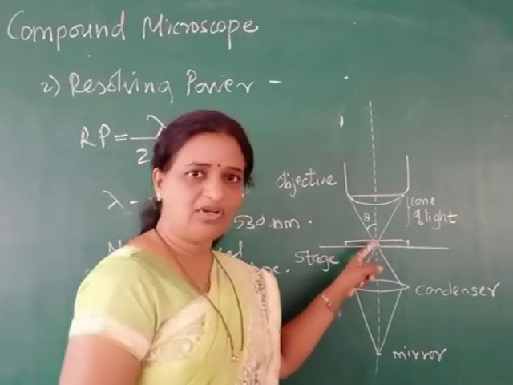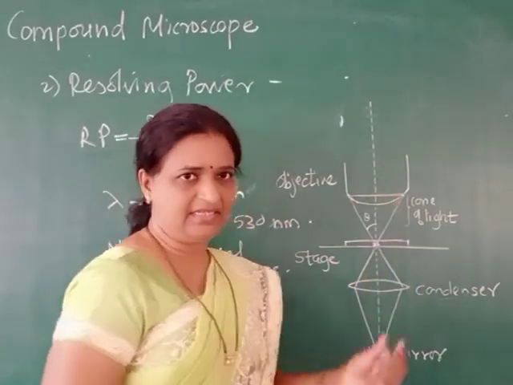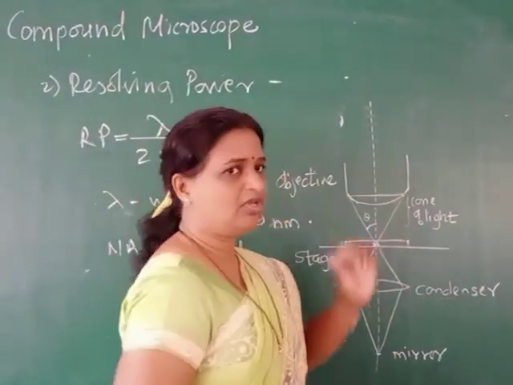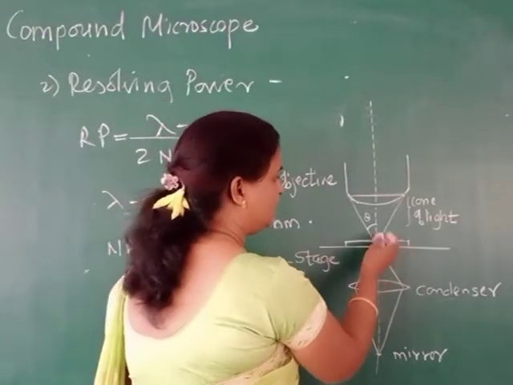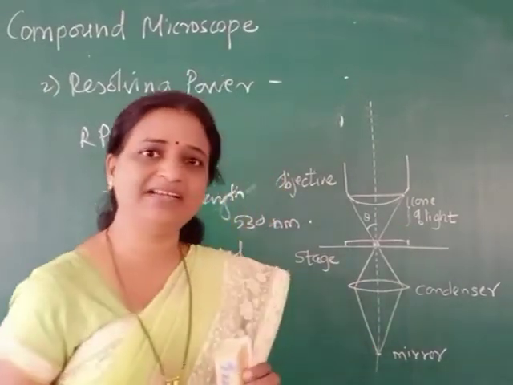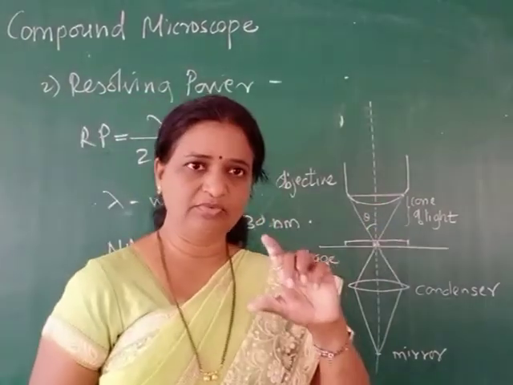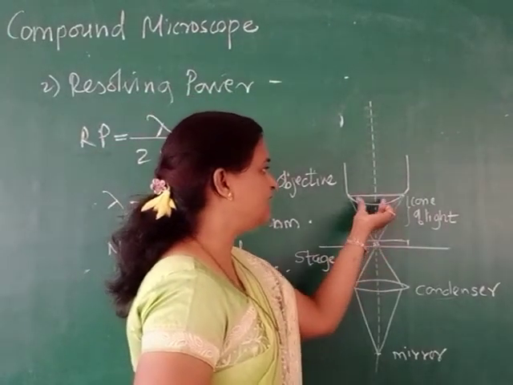While passing through the object, that beam of light gets diffracted and enters the objective, forming a cone. That cone of light is called the numerical aperture.